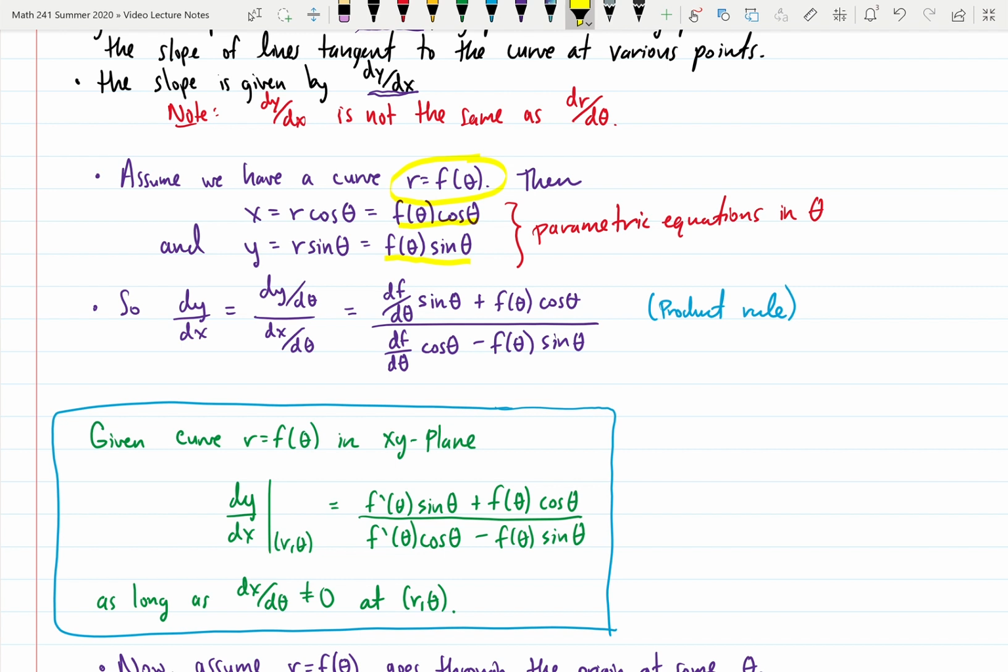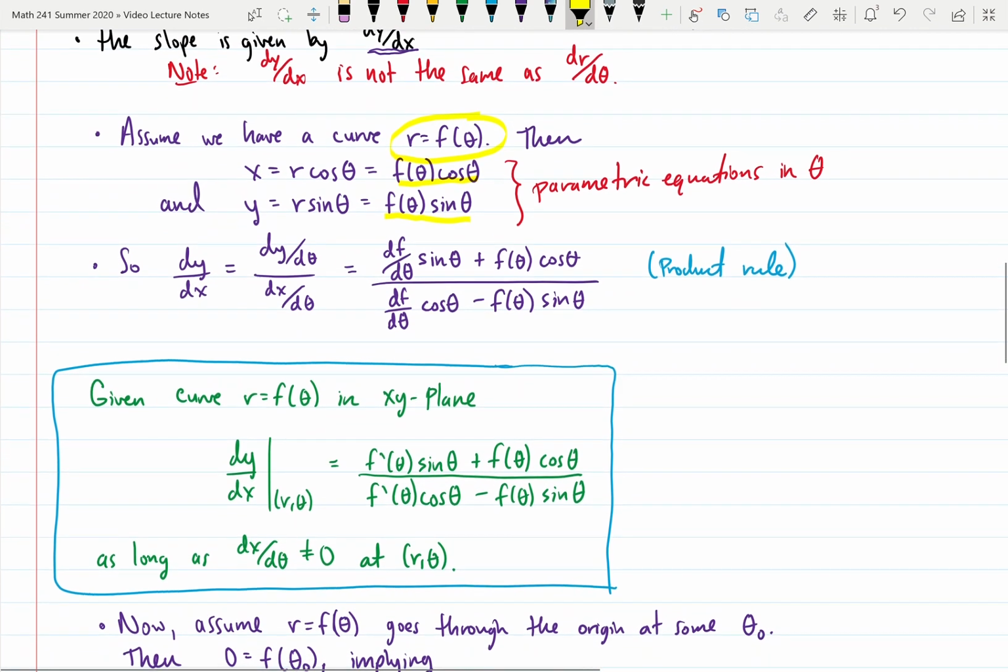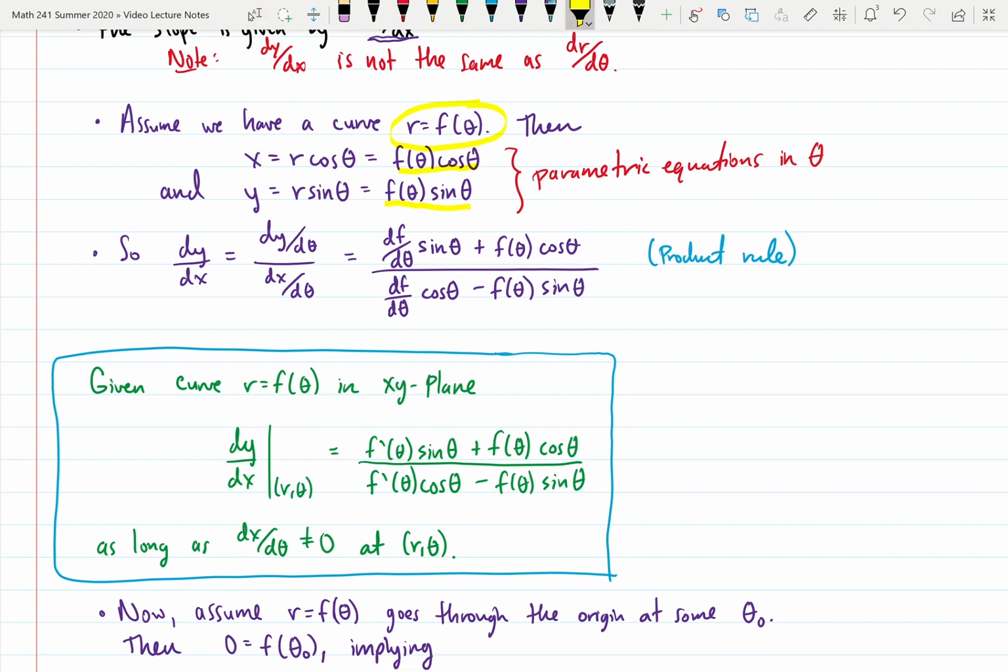Once we represent the curve as parametric equations, we can use things we already know about parametric equations to calculate dy/dx. So dy/dx is going to equal (dy/dθ) over (dx/dθ).